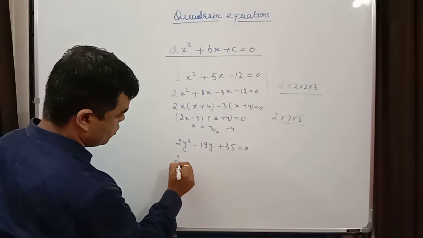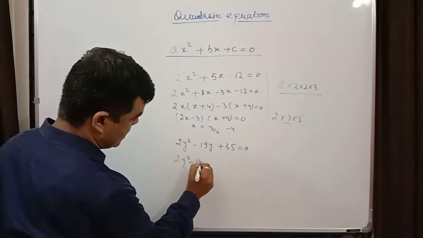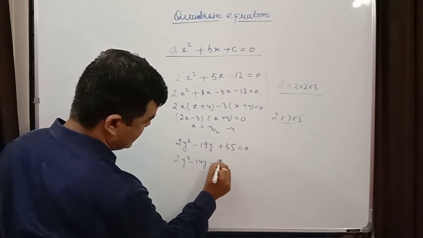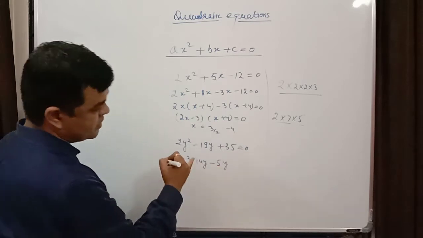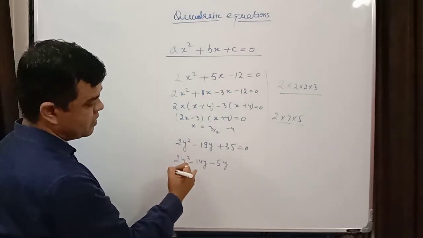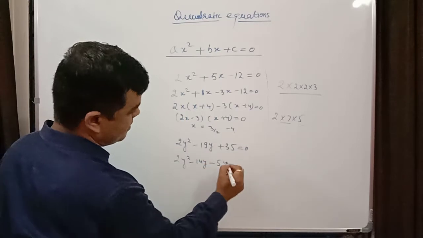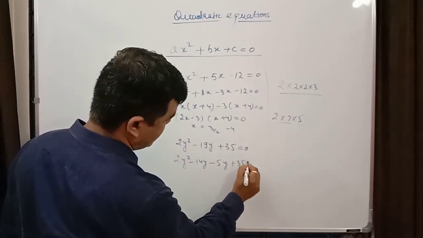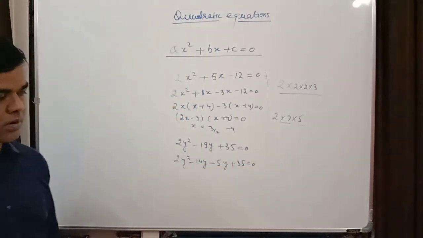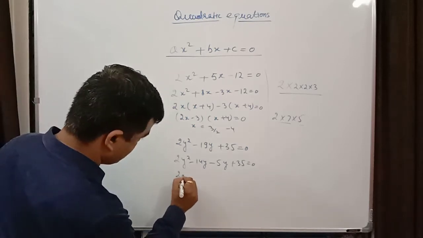Okay. So 2y square minus 14y minus 5y. Because you have to make here minus 19y, minus 14y minus 5y plus 35 is equal to 0. Correct? So now take 2y common.